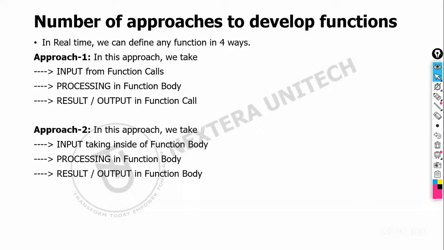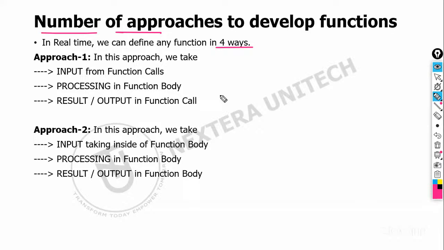Not in a single approach do we define or develop a function. Exactly, we have 4 approaches to develop functions. So the next topic is the number of approaches to develop functions in Python. In real time, we can define any function in 4 ways. So let us understand what are the 4 approaches that can be used to define or develop a function.